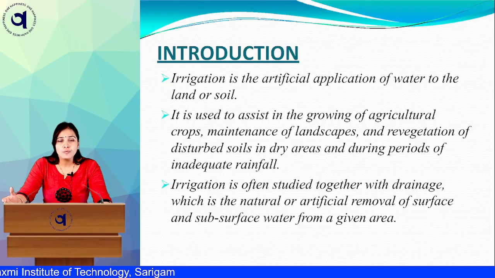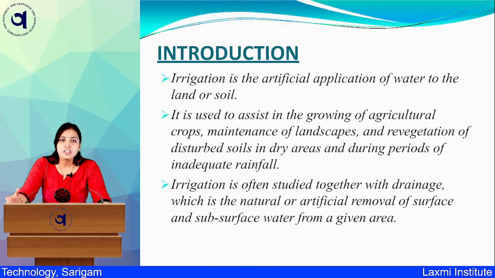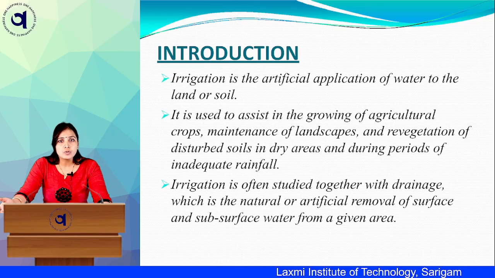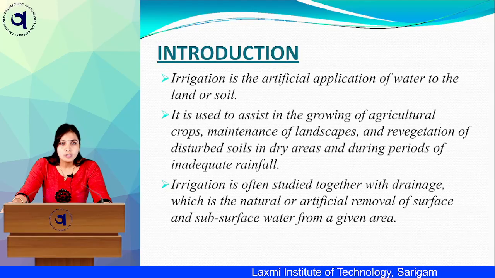But if we don't have enough rainfall for the plant to grow, then we artificially supply the water, by canal, or from groundwater by lifting the water from the ground. So it is used to assist in the growing of agriculture crops, maintenance of landscapes and revegetation of disturbed soil in dry areas and during periods of inadequate rainfall.